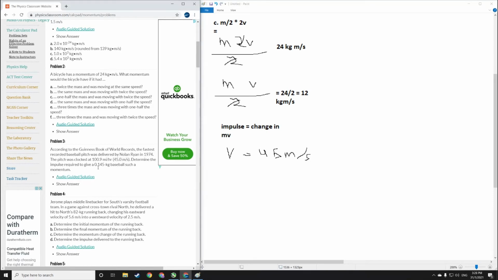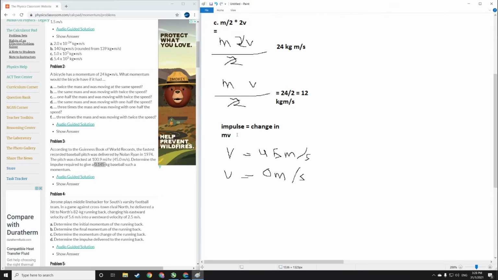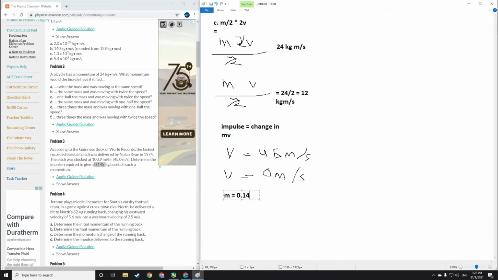And our initial velocity is just 0, because the ball isn't moving. Right, when he throws the ball, it's not moving. Determine the impulse required if it weighs 0.145 kilograms. So our mass, m, equals 0.145.